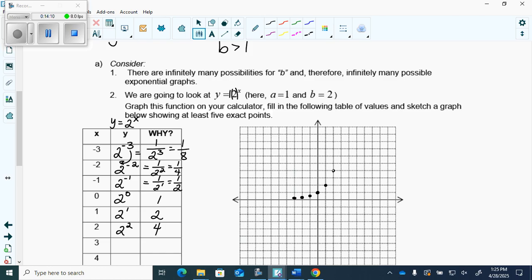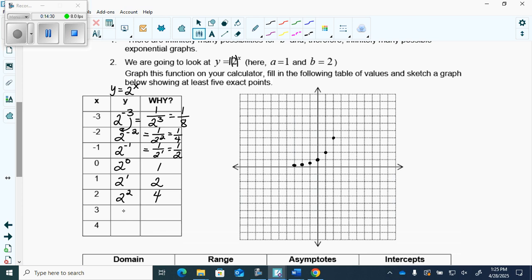So if you look at this graph, it's actually getting big quickly, correct? It's growing exponentially. So we start off with something small, and then it grows quickly. Then we would have 2 to the 3, which is 8.